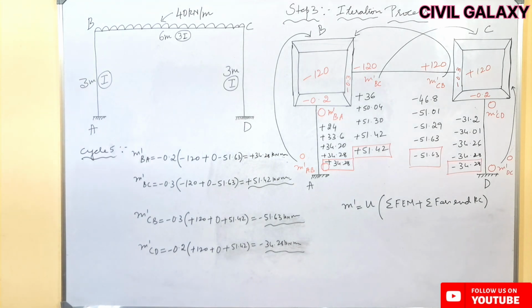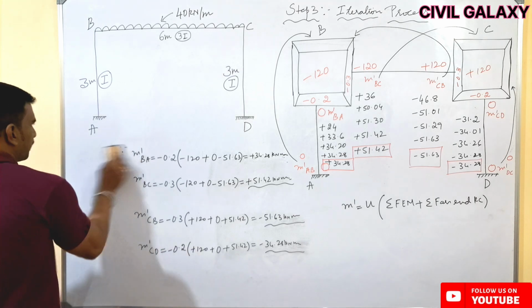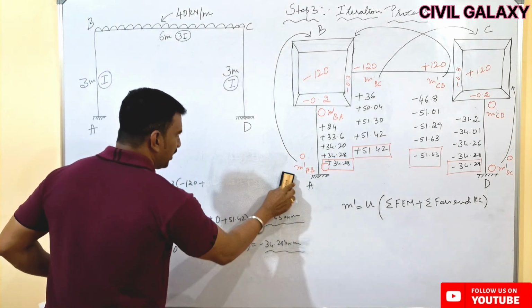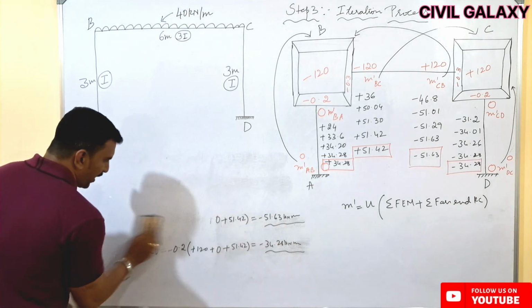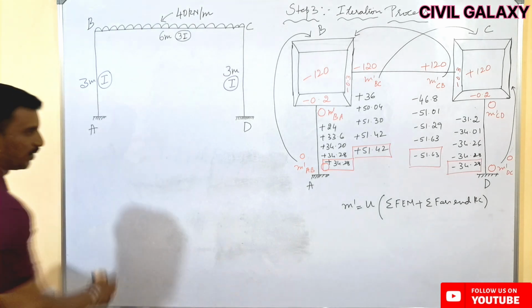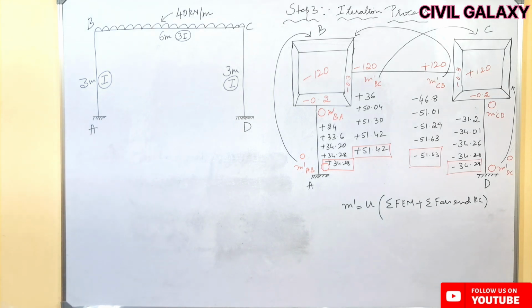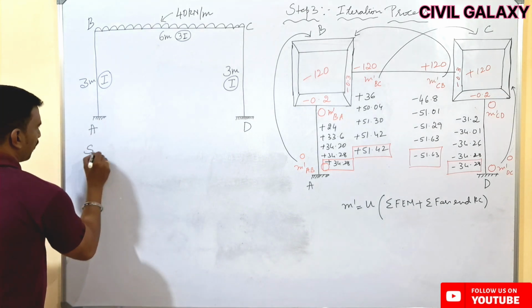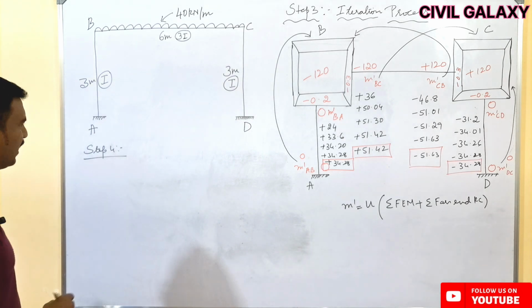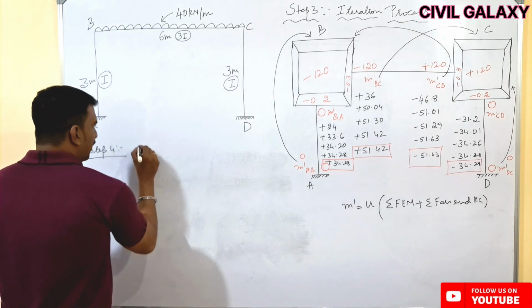So now going for the last step before calculating the support reactions and maximum bending moment. See here, so this is step 4. For step 4, we need to calculate the final end moments.